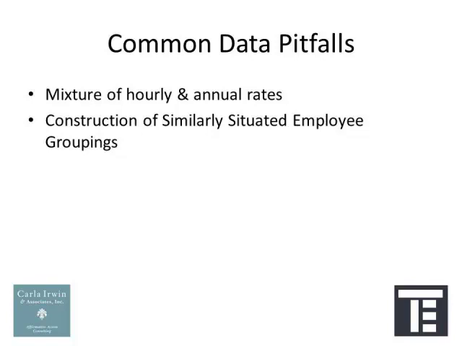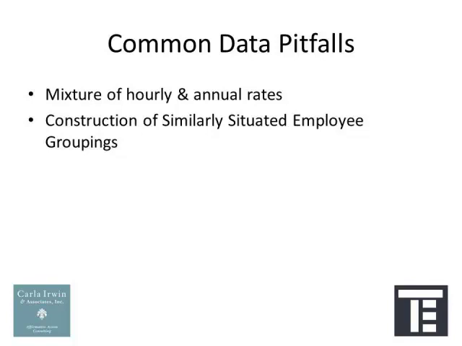And a lot of times, the construction of similarly situated groupings isn't really done correctly. There's too many people. There are people with different levels of responsibility, different functions. Sometimes there's not enough people. You really parse it down into groupings of maybe 1 or 2 or 3 people. That really doesn't work from an analysis perspective.